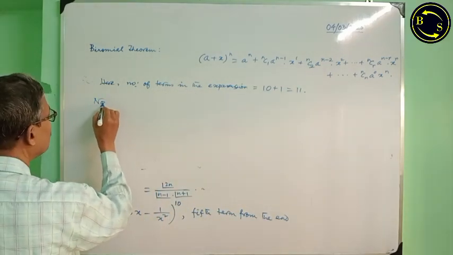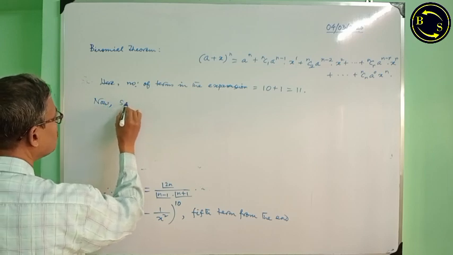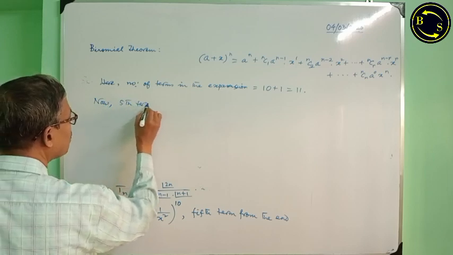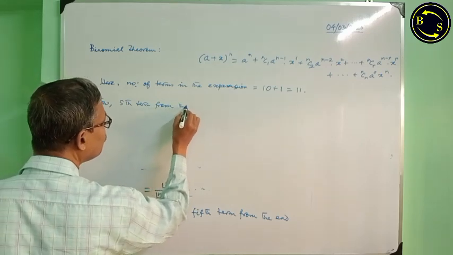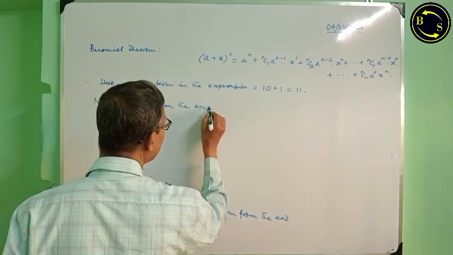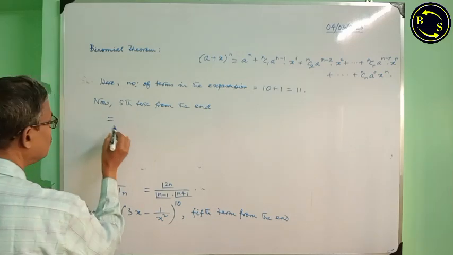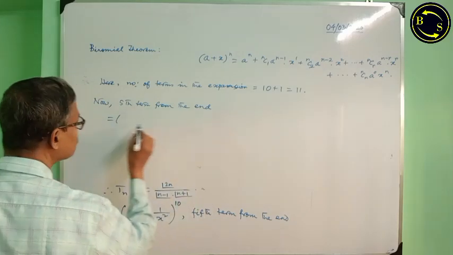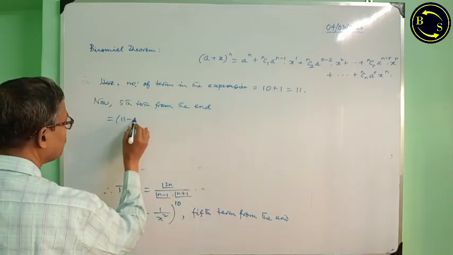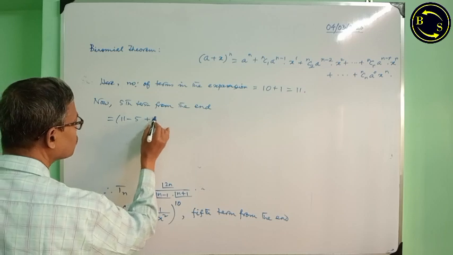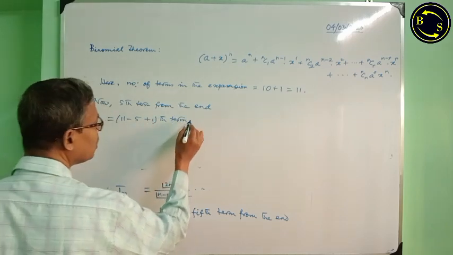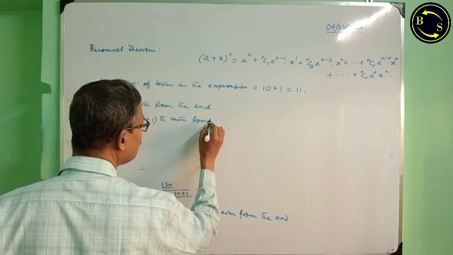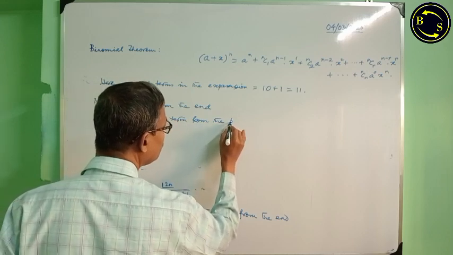Now, fifth term from the end is equal to total number of terms 11 minus 5 plus 1th term from the beginning.